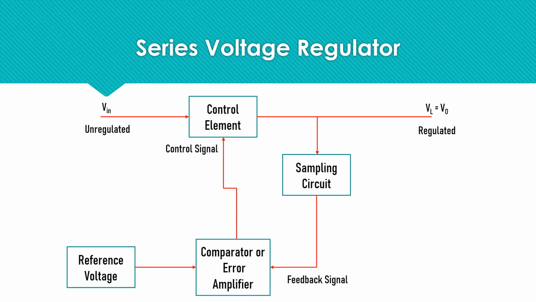It is compared with the reference voltage, and the error signal is given as a control signal to the control element. If V0 is going to increase, then the control signal is given to the control element, so that more drop occurs across it. When the drop across this is more, the output voltage starts reducing.